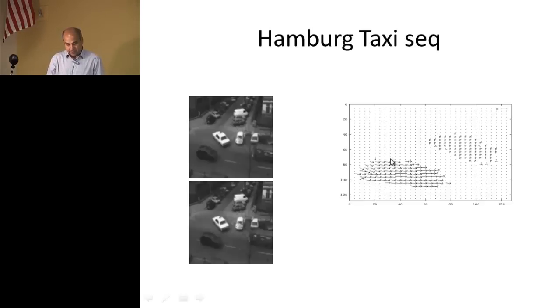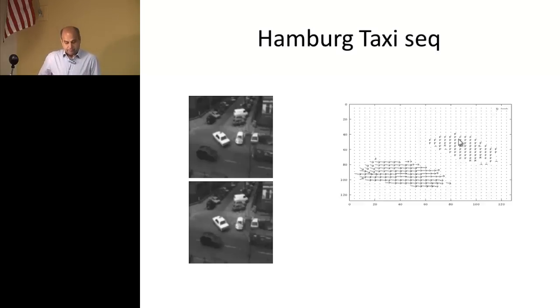So for all these pixels, we show the motion, and since this car is moving this way, we have these vectors showing how it's moving, and this car is moving in the other direction, so we have optical flow for that. So that displacement vector is called the optical flow vector, and given these 2 images, we want to write a program which automatically computes the optical flow. For every pixel we want to get that vector.